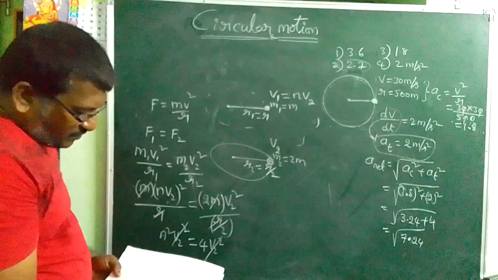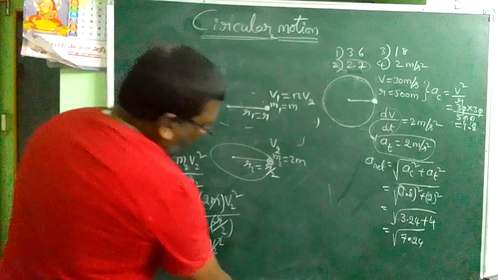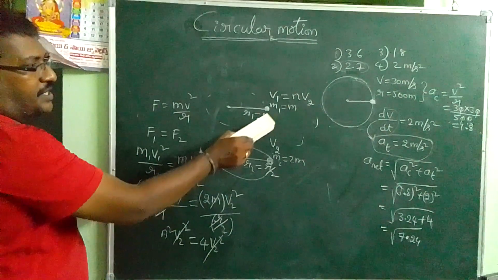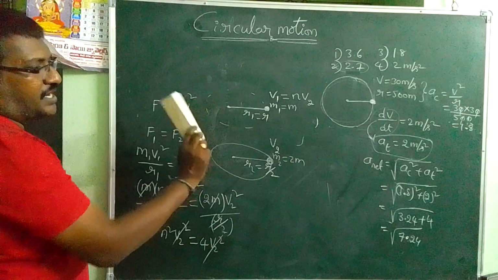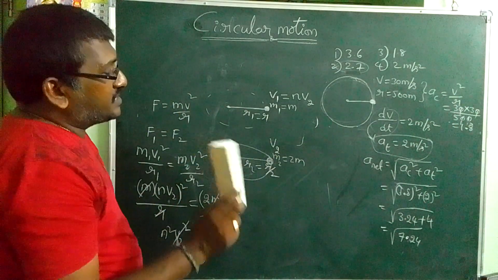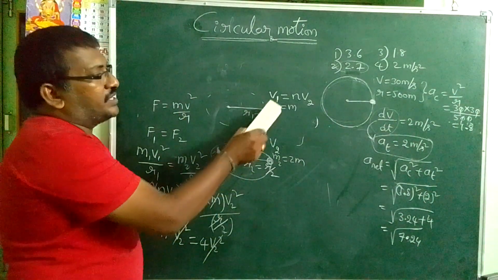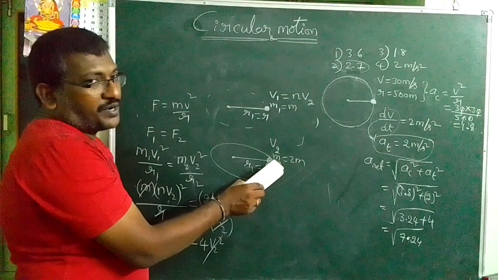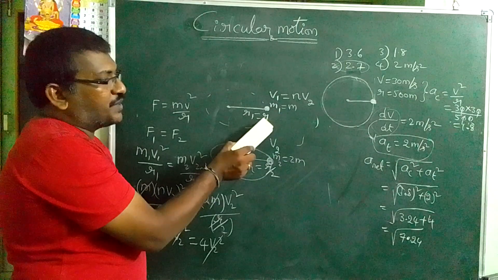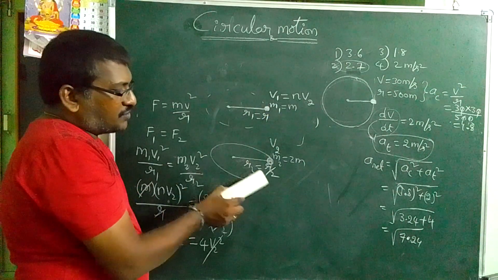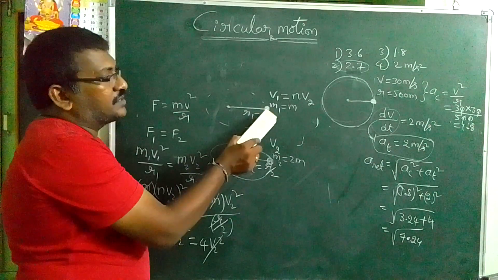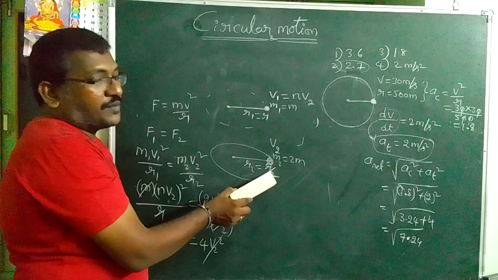Our options: first option is 1, second option is 2, third option is 3, fourth option is 4. Once again, two particles are connected with the thread and rotating in horizontal direction. The speed of the first particle is n times the speed of the heavier particle. Radius of the circular path is r and r by 2.